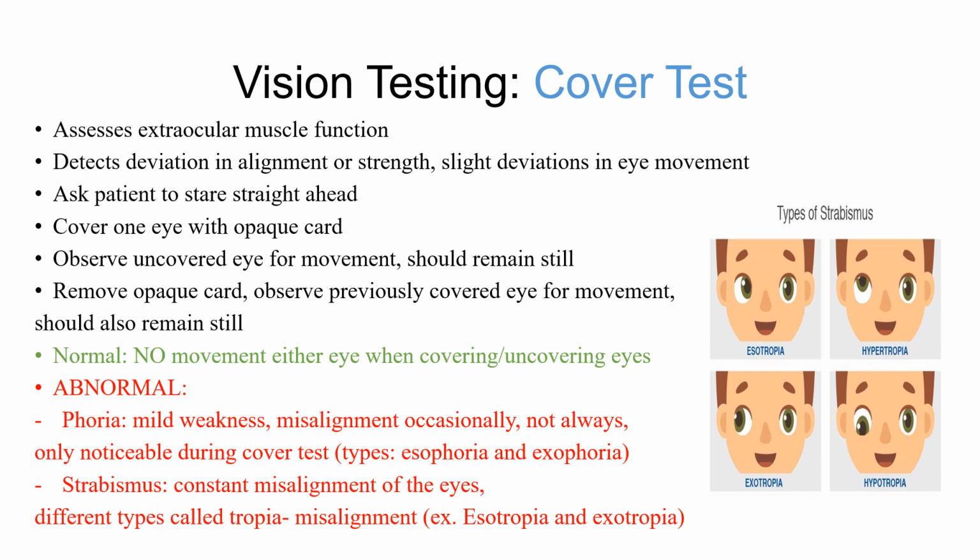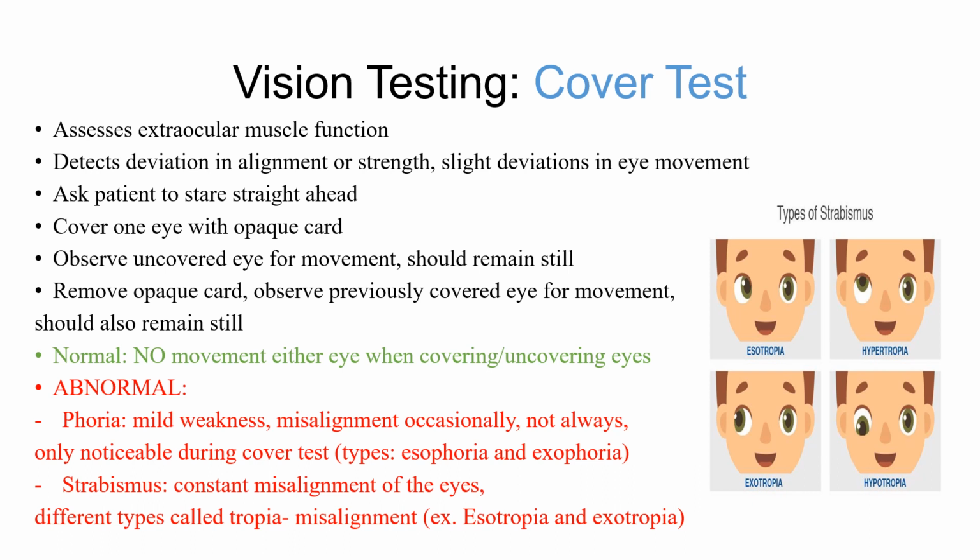Now, if there's a constant malalignment, no matter whether you cover or uncover, we call that strabismus. If there is an inward turning or outward turning, inward turning is esotropia, outward turning is exotropia.